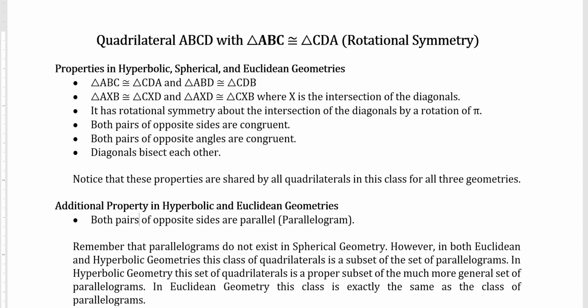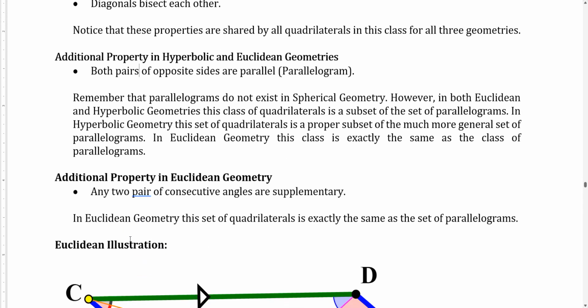But in Euclidean geometry, the class of quadrilaterals with triangle ABC congruent to triangle CDA is exactly the same as the class of parallelograms. Another thing that you have is that any pair of consecutive angles are supplementary in Euclidean geometry. That doesn't happen necessarily in the other geometries.